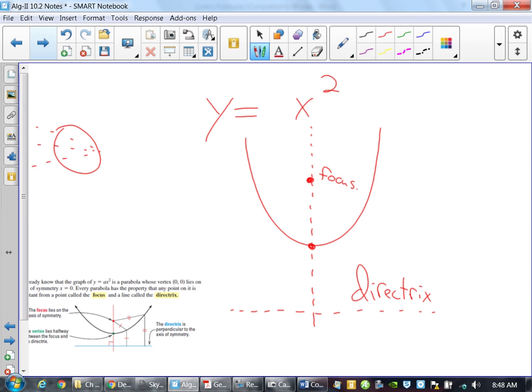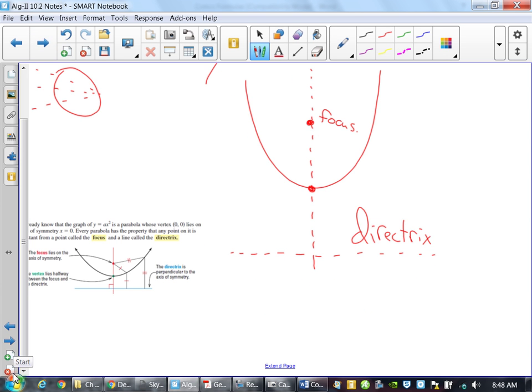The parabola will always open to the focus because it's always trying to focus on something. The curve's always trying to look at something. And then this part behind it is kind of like keeping it balanced. Now I want you to notice something. This directrix is always going to be a line that is perpendicular to the axis of symmetry.